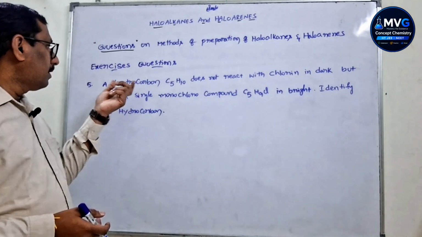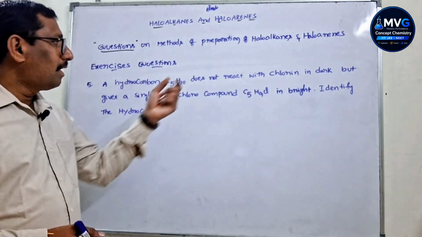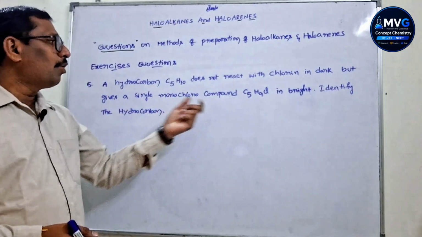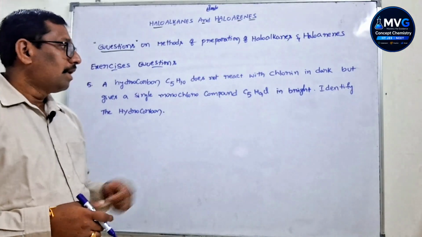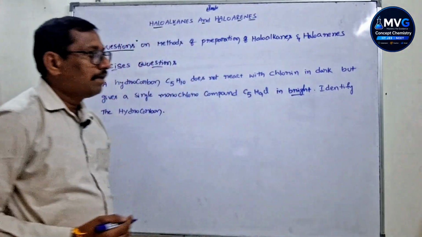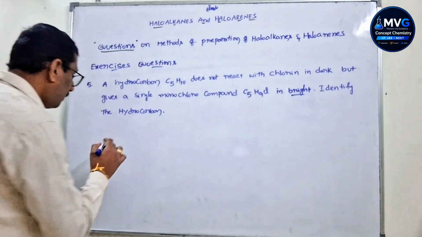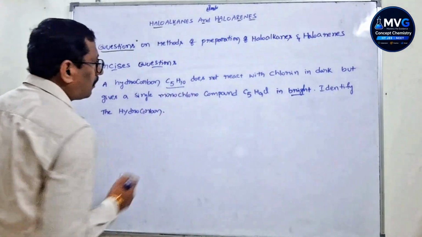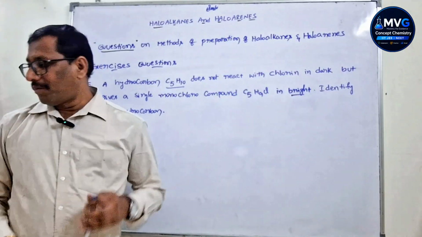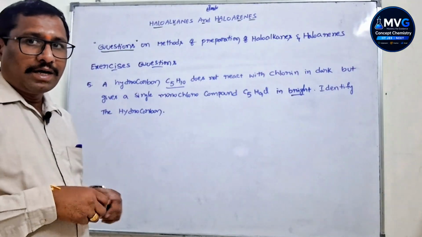Now, the question is asked like this, students. The hydrocarbon C5H10 does not react with chlorine in the dark, but gives a single monochloro compound in bright light. Bright means sunlight, students. Identify the hydrocarbon. Generally, the formula C5H10 means CnH2n, either an alkene or a cyclic compound.